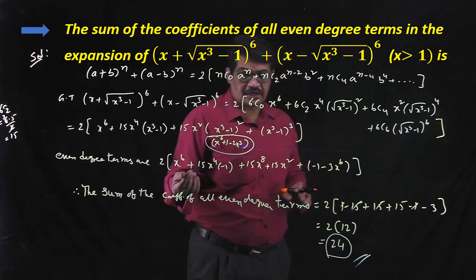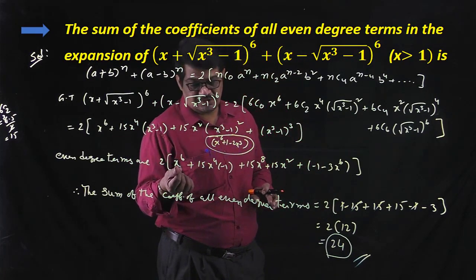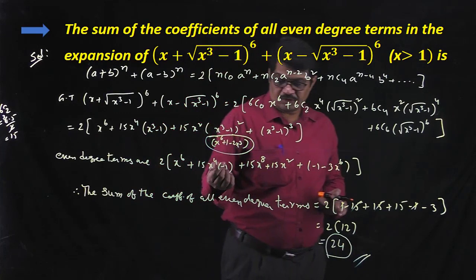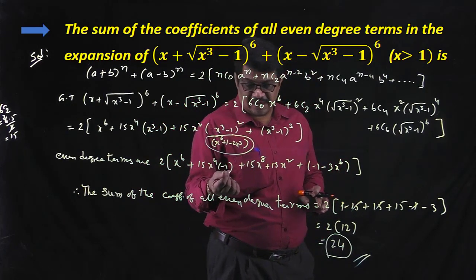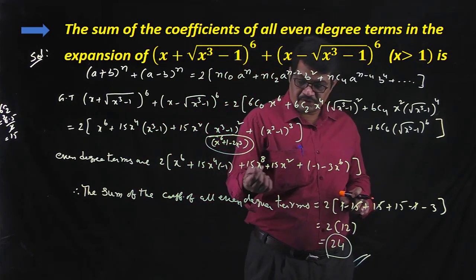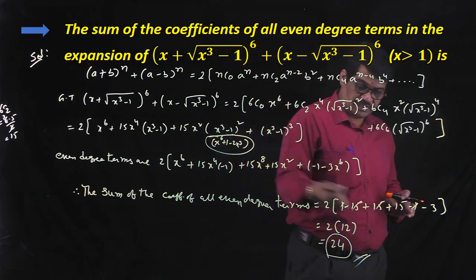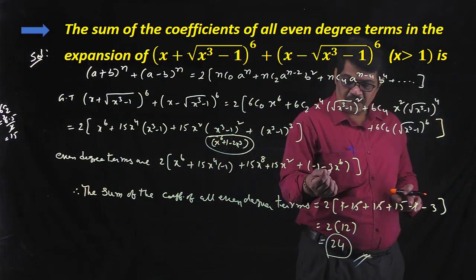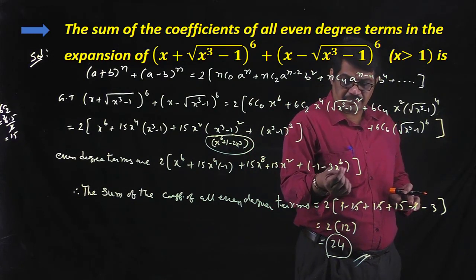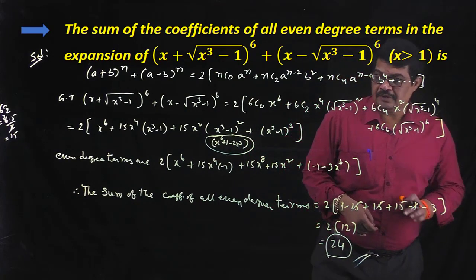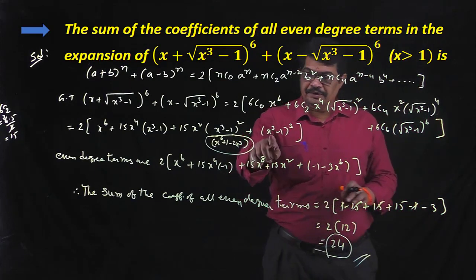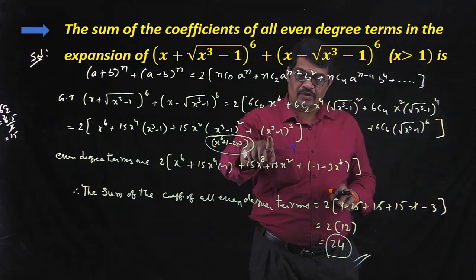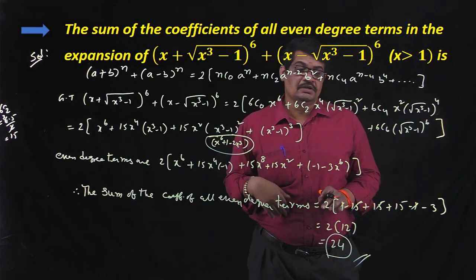Now we are collecting the coefficients, that is x power 6 is 1 and x power 4 coefficient is minus 15. Here x power 8 coefficient is 15, x square coefficient is 15, here minus 1 and minus 3 x power 6. Okay, so these are the terms.